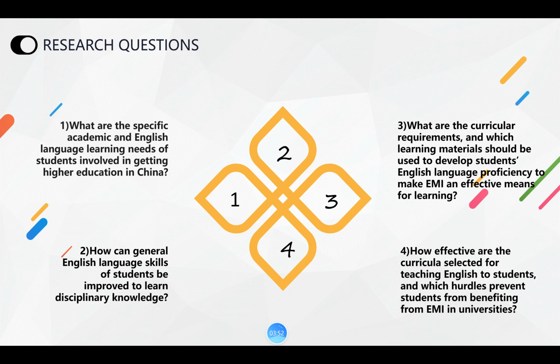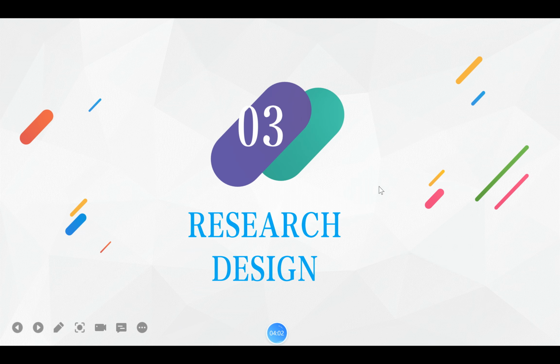Last one, how effective are the curricula selected for teaching English to students, and which hurdles prevent students from benefiting from EMI in universities? And next part is research design.